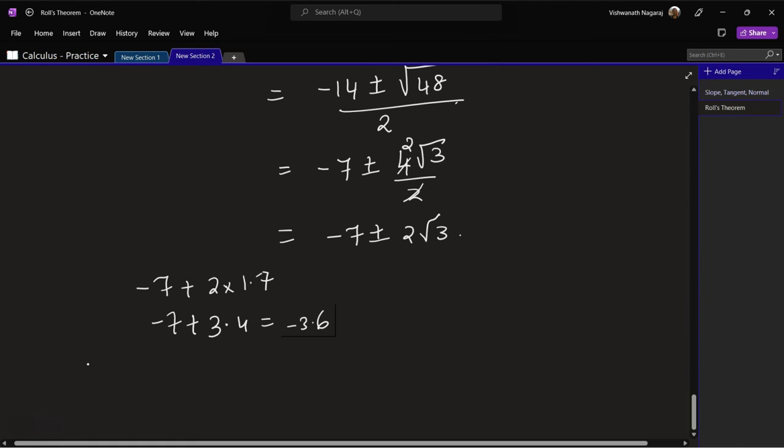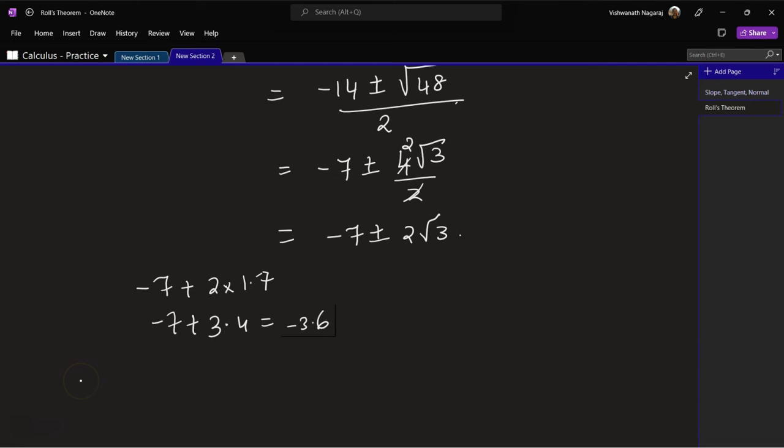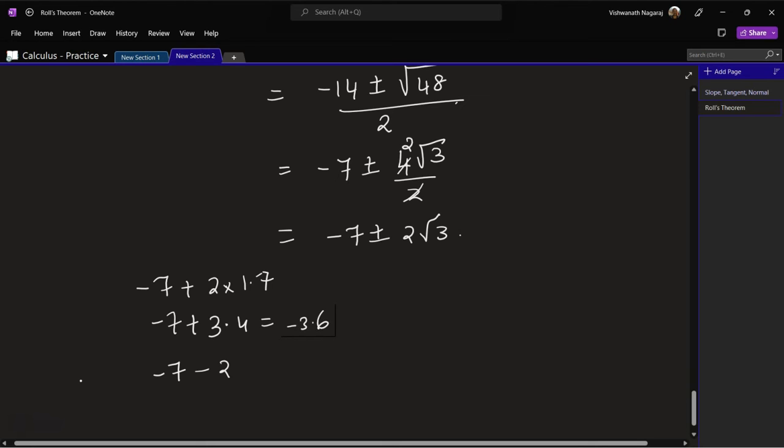Okay, so this is in the given interval of minus 6 comma 5. It is between minus 6 and 5. Now what about the other one? Minus 7 minus 2 times 1.7, which gives us minus 7 minus 3.4, which gives us minus 10.4, which is not in the given interval.